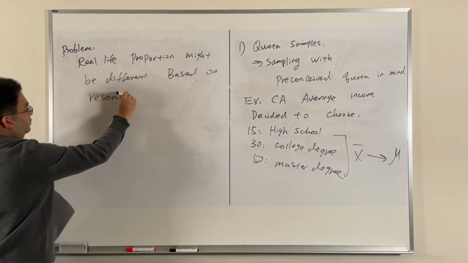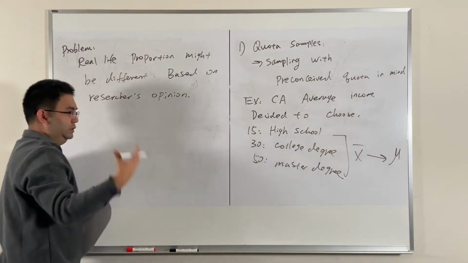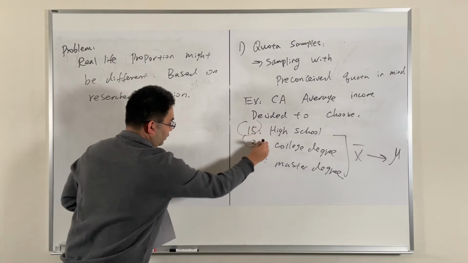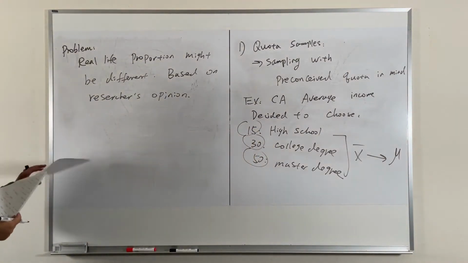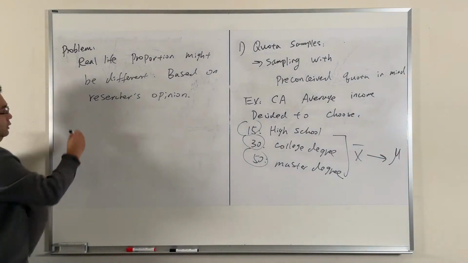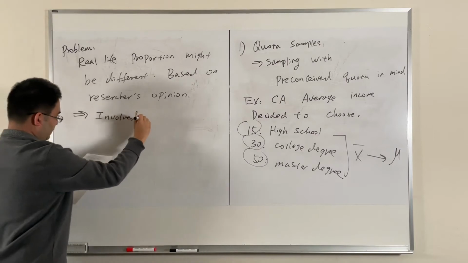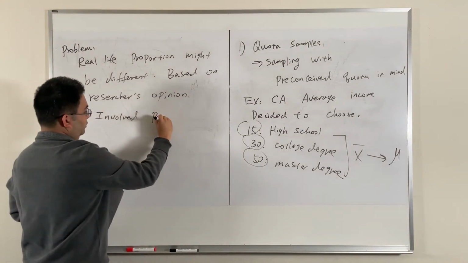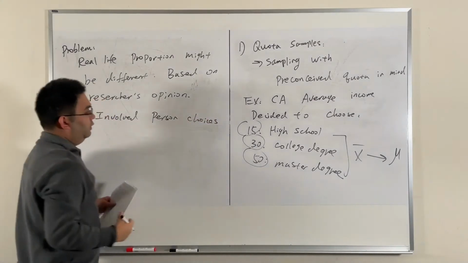So this is totally his personal opinion to select 15, 30, and 50. So this totally involves his personal choices.